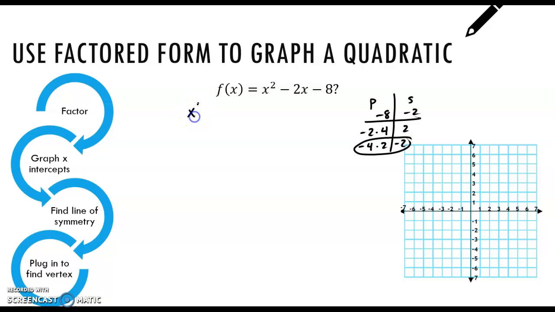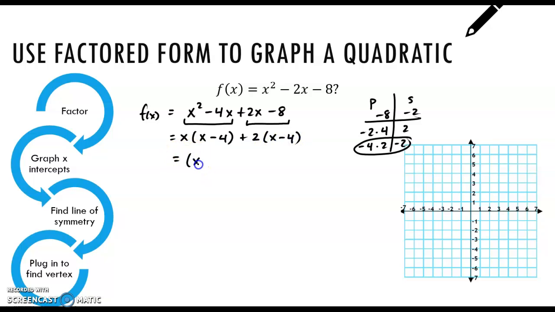So this becomes x squared minus 4x plus 2x minus 8. We can factor an x out of that, so we get x minus 4 out of this part. We can factor a 2 out of this part, so we get 2 times x minus 4.